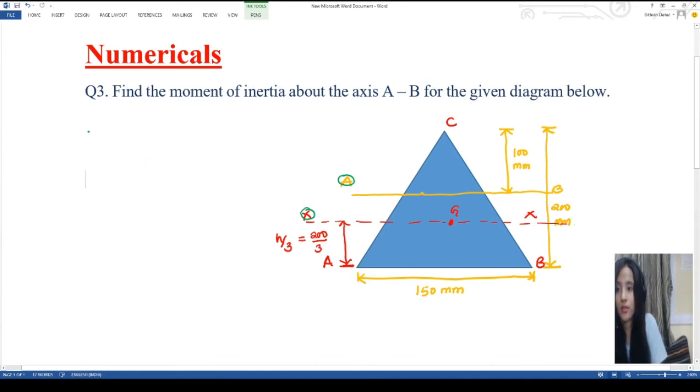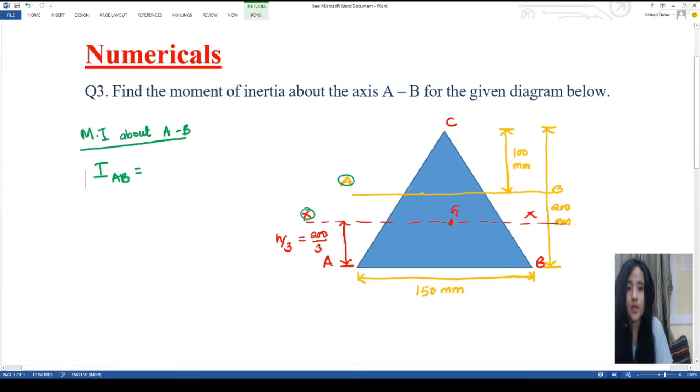So moment of inertia about AB will be equal to, since AB is running parallel with x-axis, we have to use the parallel axis theorem. So it will be Ixx plus AH square. So I have this formula again.